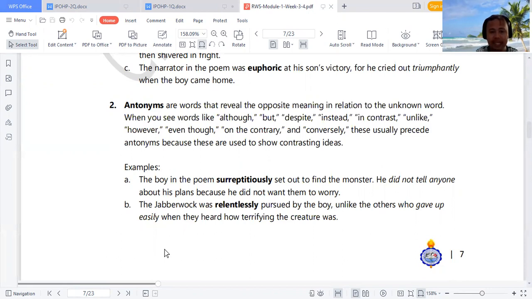Okay, meaning secretly. The boy in the poem surreptitiously set out to find a monster. He did not tell anyone about his plans because he did not want them to worry.